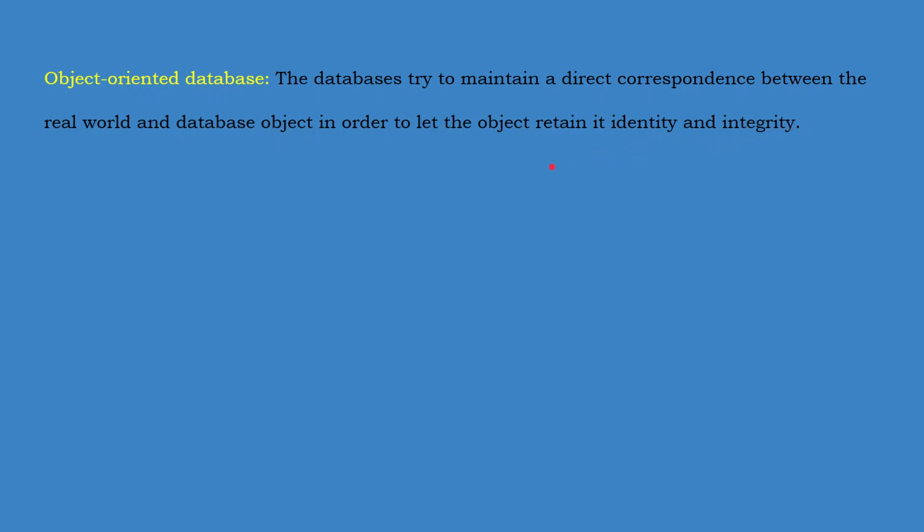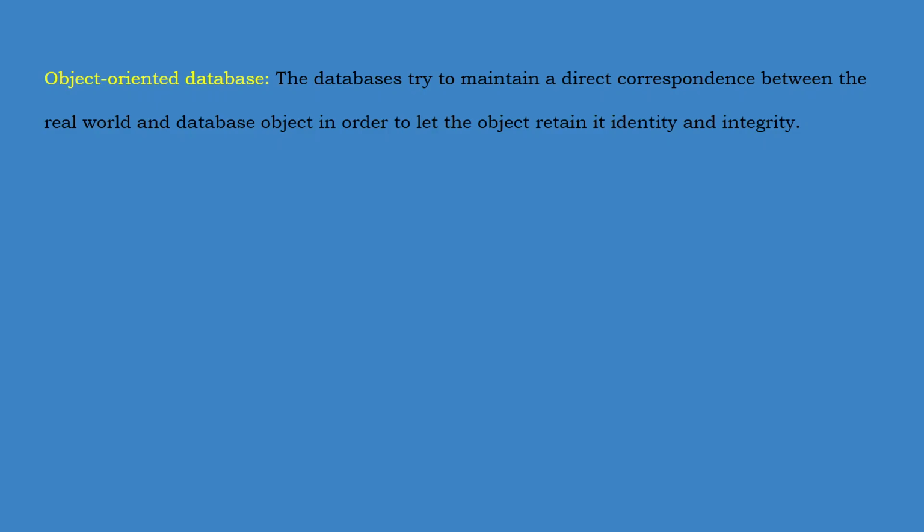We know that a database is a collection of many tables, and a table consists of rows and columns holding the data about an entity. Now when the database has direct correspondence with the real world, for example, in order to reflect the real world process, we need to collect a vast database, and that database needs to be object oriented, then only it will be able to model the real world objects.